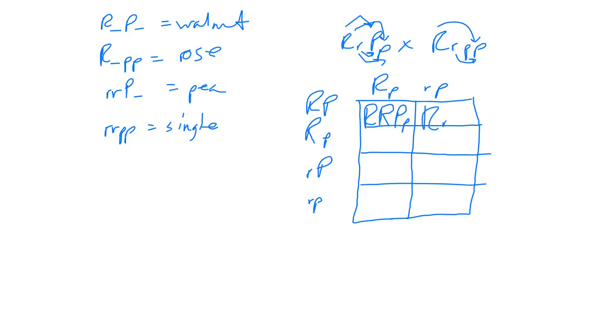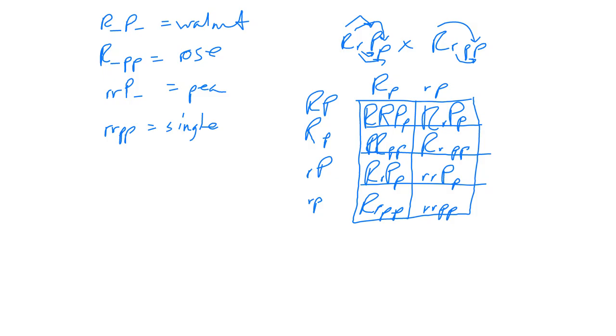Big R, big P, little p. Big R, little p, big R, little p, big R, big P, little r, big P, little p, big R, little p, and little r, little p.